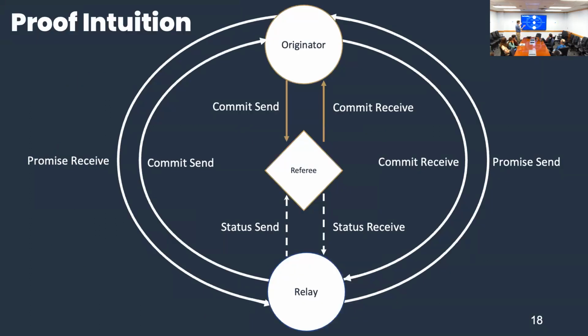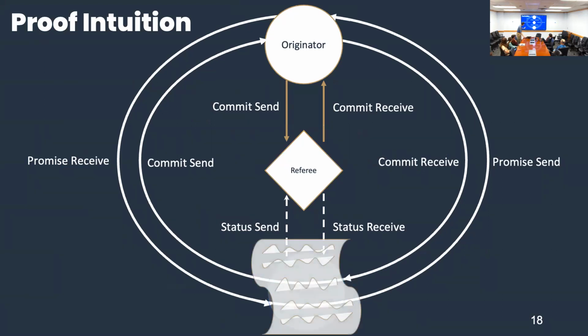So to give the intuition of that inductive proof, we're going to start with the base system. We'll verify that all the properties hold on this base system with originator, referee, and a relay node. Then using our third lemma, conformance equivalence, we can convert this relay node into the validity rules definition.